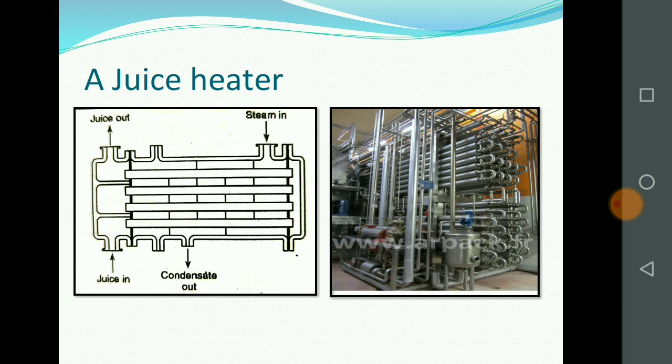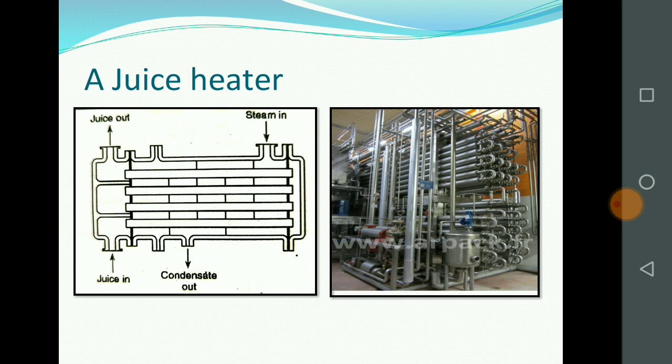Next, the limed juice is heated to 333 Kelvin in a juice heater. It can be shown in this diagram. These heaters are simple brass tubules where the cold juice and the high pressure hot steam are traveling in opposite directions.